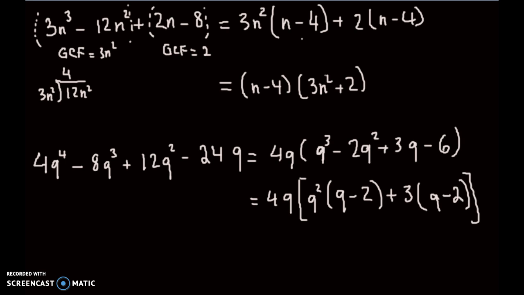Another opportunity for us to do the common factor. So we would have 4q out, and then q minus 2 as a common factor, and inside would be again q squared plus 3.